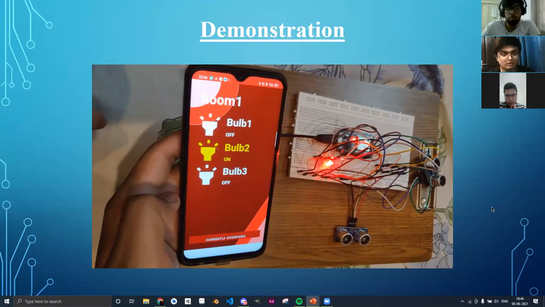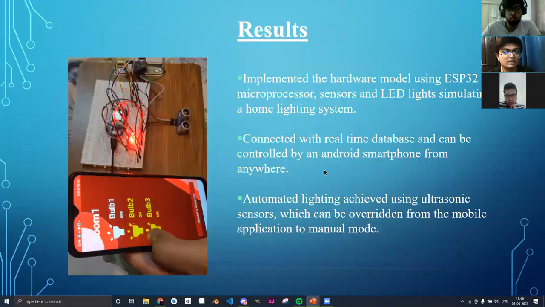So that's it for the demonstration part, and that's all for the whole implementation. Now for the results, we just showed that we are able to implement the whole hardware component of the project. We used ESP32 as a microprocessor, and all of these materials have been discussed by Devansh. We connected this module with a real-time database on Firebase, and if we are not controlling the bulb from the Android application, we are using the ultrasonic sensors to control the bulbs.